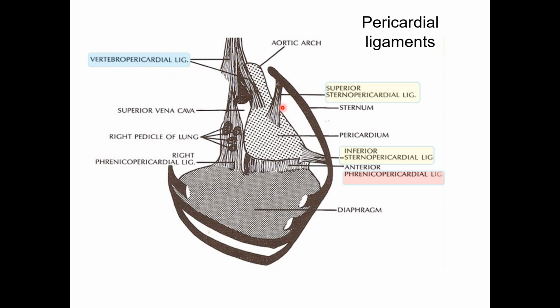So the heart becomes fixed anteriorly by the sternopericardial ligaments, inferiorly by the phrenico-pericardial ligaments, and posterior-superiorly by the vertebropericardial ligaments. This is the first outer layer of the pericardium, which fixes the heart in its place.